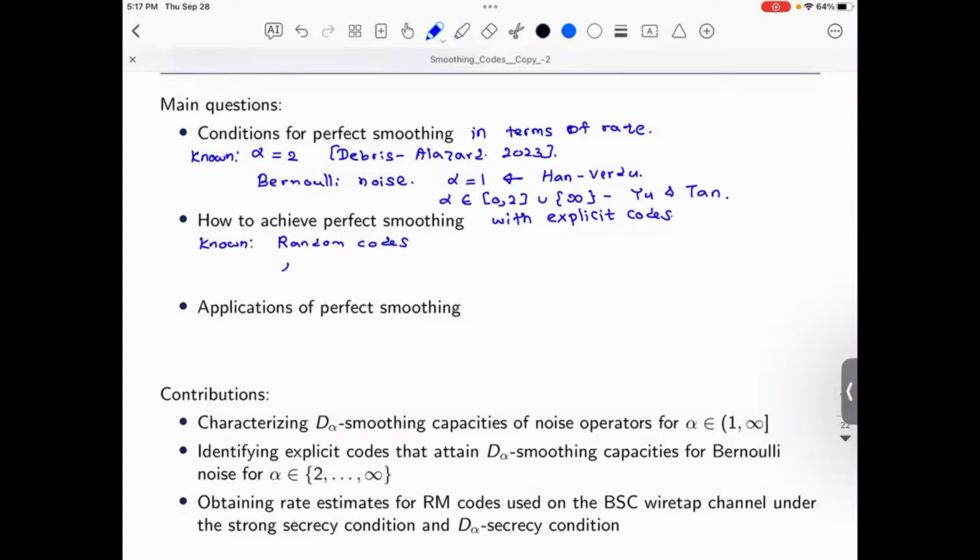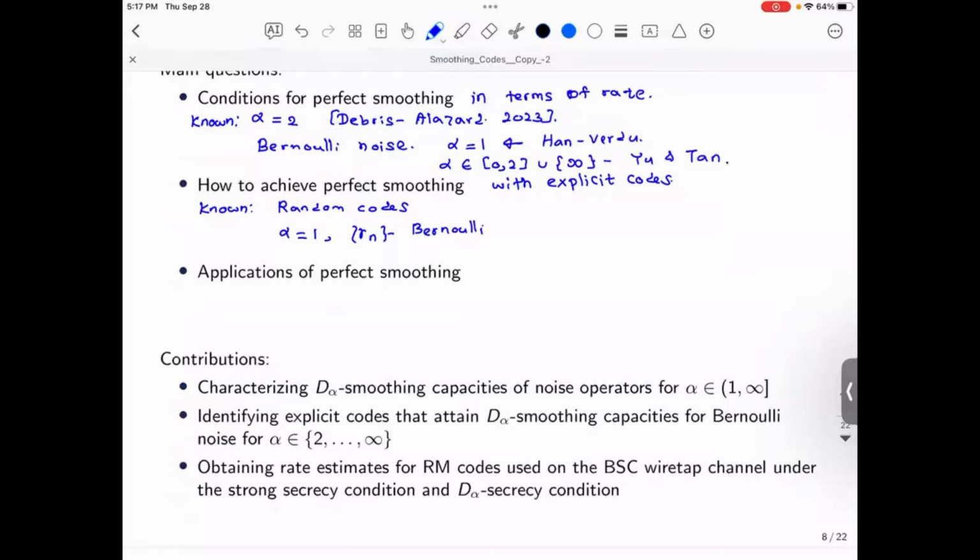So these are known results. For alpha equals 1 and Bernoulli noise kernels, this has been considered by Mahdavifar and Vardy.